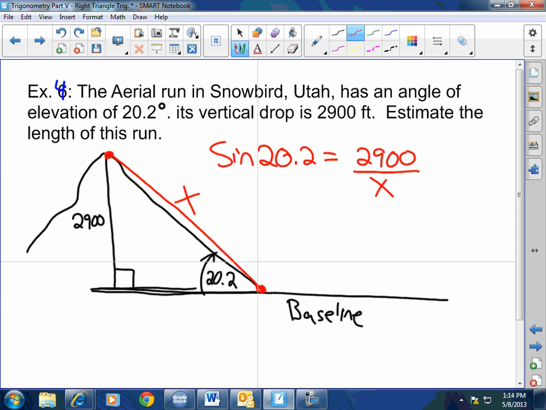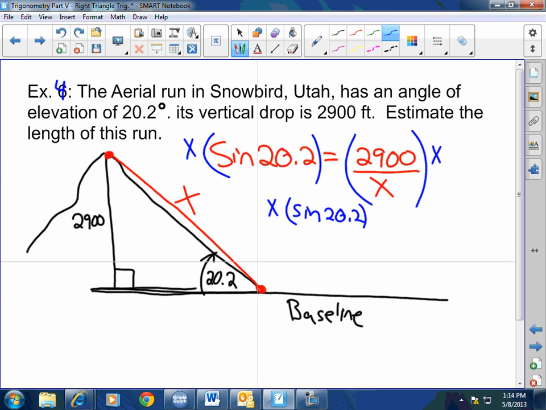Now I want you to pay attention to this. This is algebra skills here. This has nothing to do with trigonometry now. This is all algebra. Multiply x to both sides, of course. So x times the sine of 20.2 equals 2,900, of course. Divide by the sine of 20.2.